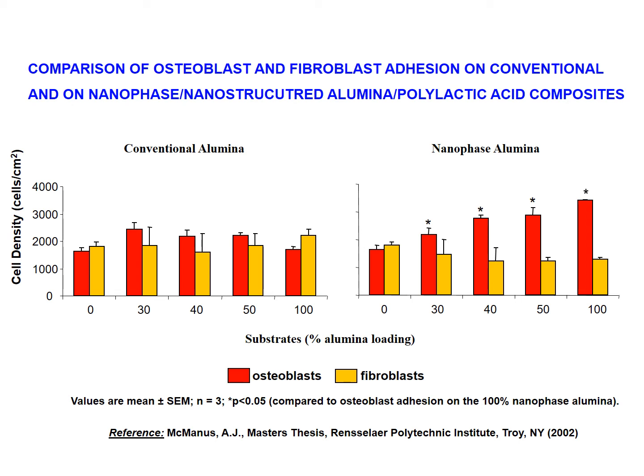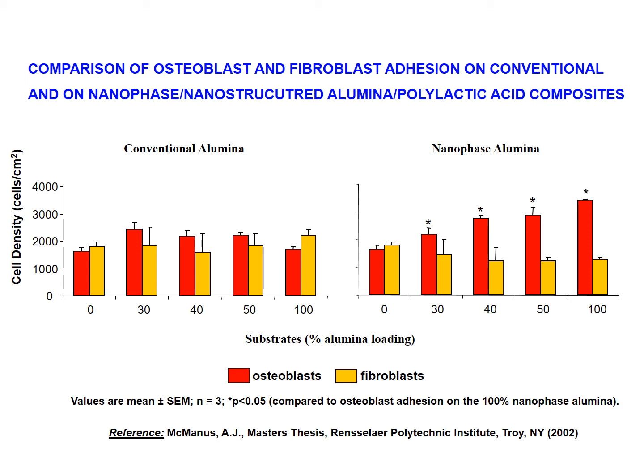On the adhesion on the substrate, which is 100% polymer, that means those are the two bars over 0%, you notice that both fibroblasts and osteoblasts adhere in a similar manner. As the composition of the ceramic, however, increased from 30 to 40 to 50%, all the way to 100% ceramic, you notice that the fibroblasts, the yellow bars, remained relatively low and pretty much similar.